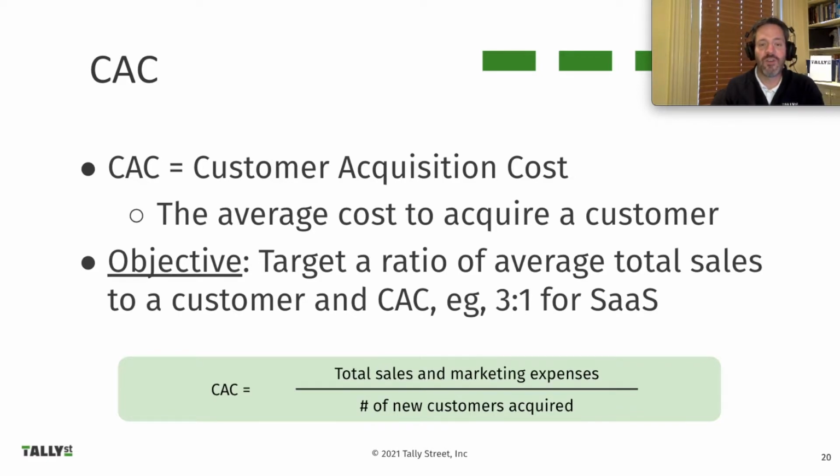So for example, in the software as a service business, a good success metric is that the average total sales that we'll ever make to a customer should be 3 times larger than what we spent to acquire the customer. You might think that a higher ratio, say 4-to-1, 5-to-1, 6-to-1, could be better, and in some cases it might be, but in other cases it might suggest that you're under-investing in acquiring customers and that you have room to spend more on customer acquisition to really drive revenue and growth of the business.